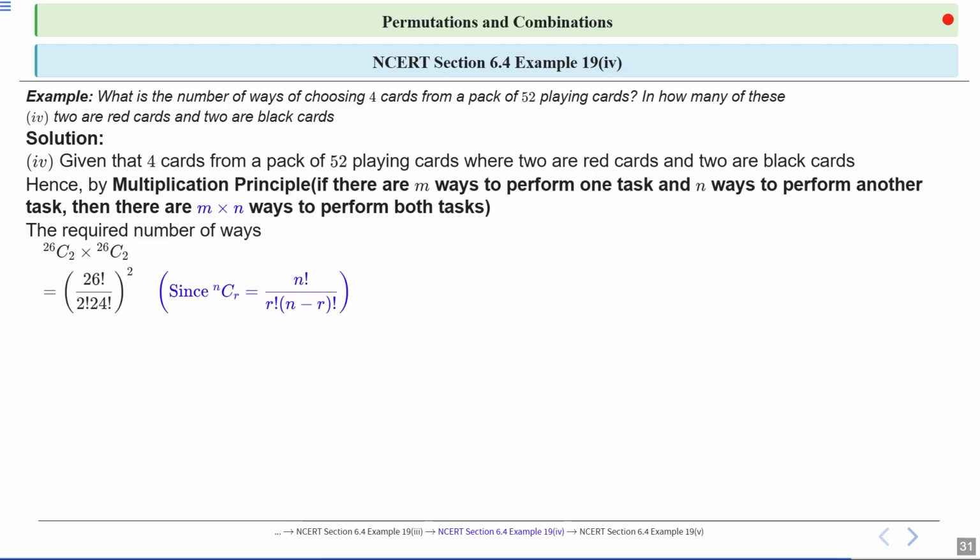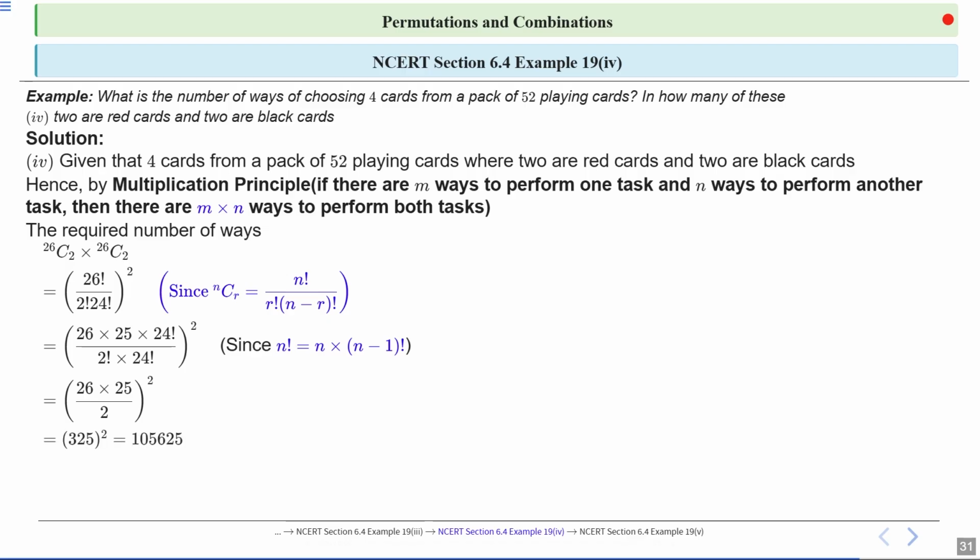This is 26 factorial upon 2 factorial into 24 factorial, whole square. This is equal to 26 into 25 into 24 factorial upon 2 factorial into 24 factorial, whole square. This is 26 into 25 upon 2, whole square. This is 325 whole square. This is equal to 105625.